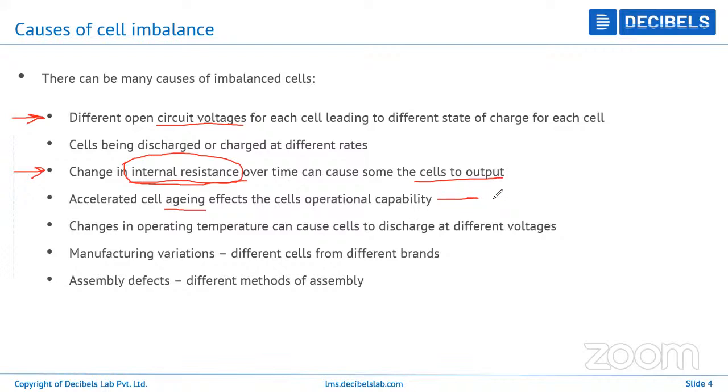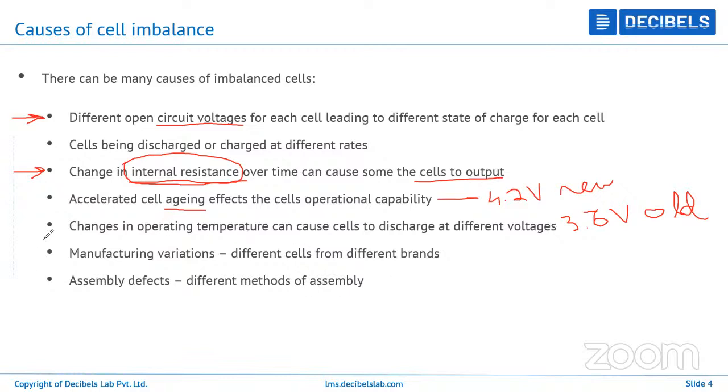For example, a lithium-ion cell has a maximum voltage of 4.2 volts at its peak when it's brand new. For an aged cell it would be a much reduced value like 3.7 or 3.6 volts. So this would be your maximum voltage, and this can cause some amount of imbalance in the battery packs.